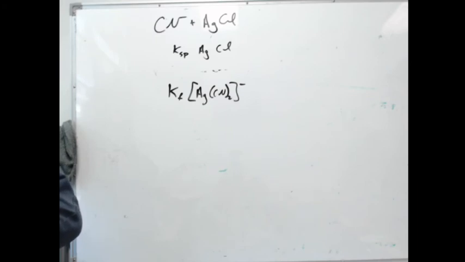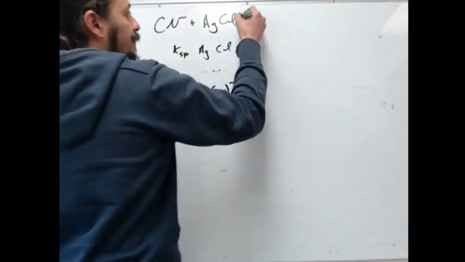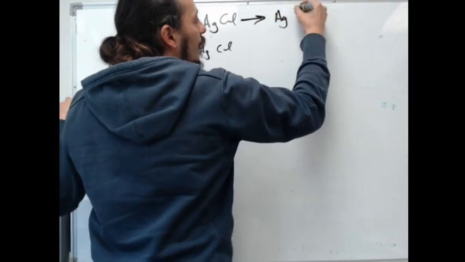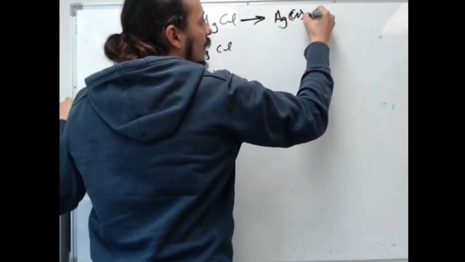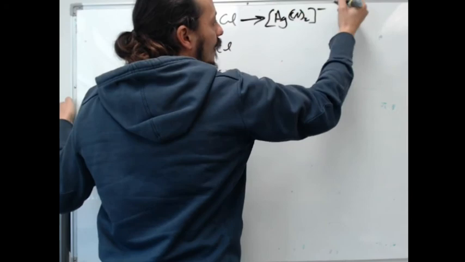That's why I asked if there was a hint. Normally I would give the KSP for AgCl is this and the KF for Ag(CN)2 minus is this, and the fact that you can form a metal complex is going to tell you that. So it's just missing some information.